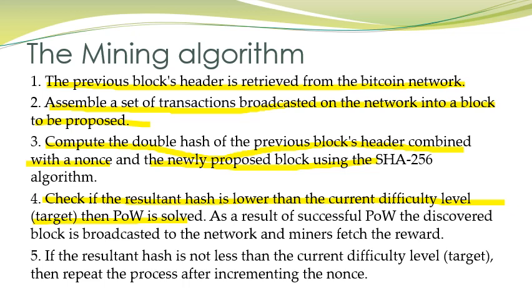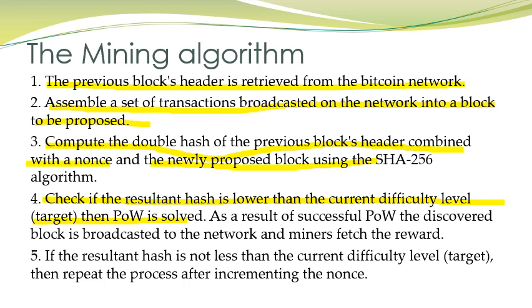As a result of this successful proof of work, the discovered block, whatever block is constructed, is broadcasted to the network. And after broadcasting the block in the network, other nodes will validate the block, other nodes will agree on the block, and the miner will get the reward.